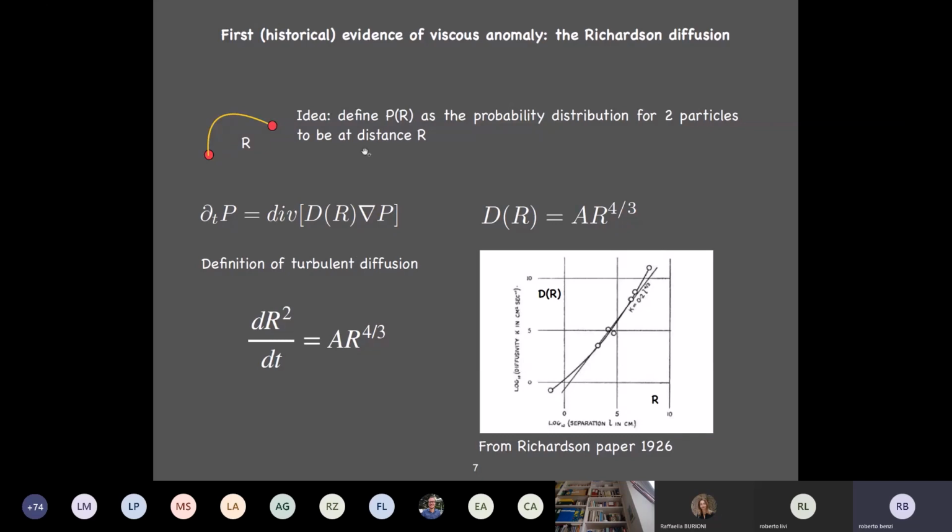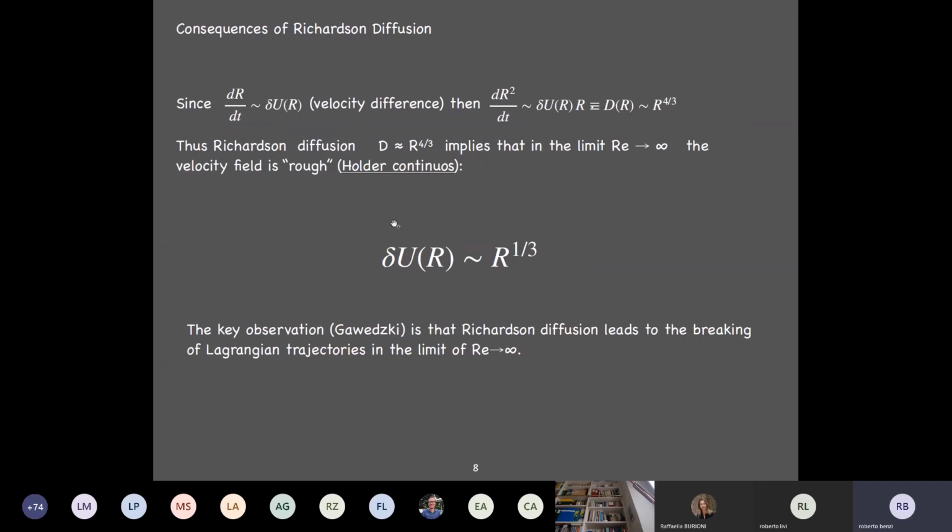Now, what are the consequences of these observations, which were mostly overlooked at the time of Richardson? Well, one of the consequences is the following. Suppose that you take two particles at the distance r, and then you consider, roughly speaking, the velocity at which the two particles can separate.